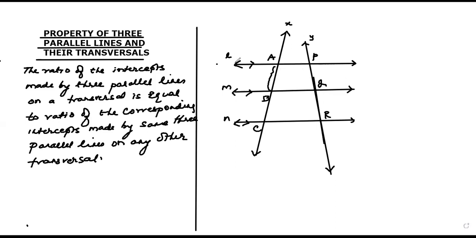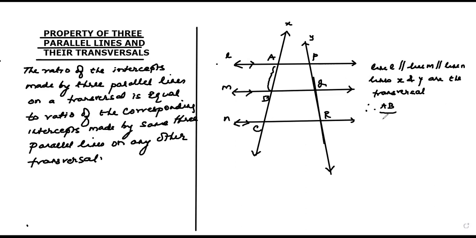Got it? So whenever you see three parallel lines like line L, parallel to line M, parallel to line N, and lines X and Y are the transversals, therefore the ratio of the intercepts AB upon BC will be equal to the ratio of the corresponding intercepts on the other transversal, PQ upon QR.